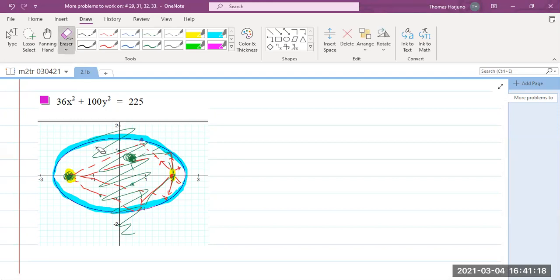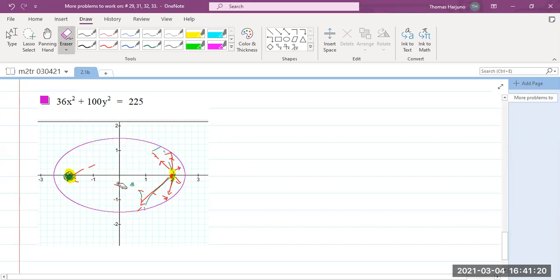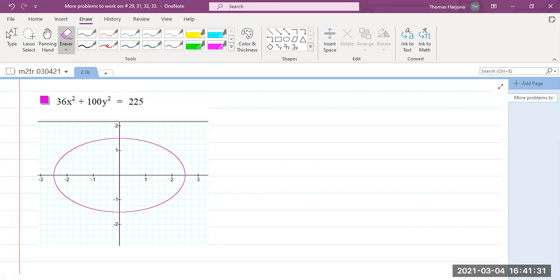Now another thing is, an ellipse is actually the shape of our planetary motion against the sun. Our sun is always located at one of the foci, and the Earth is revolving around the sun following the pattern of an ellipse.